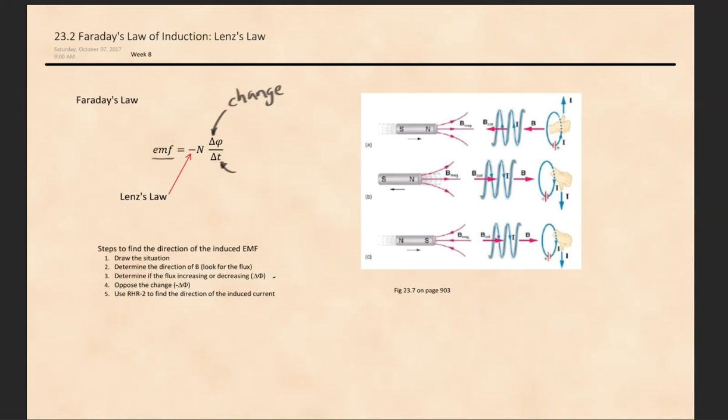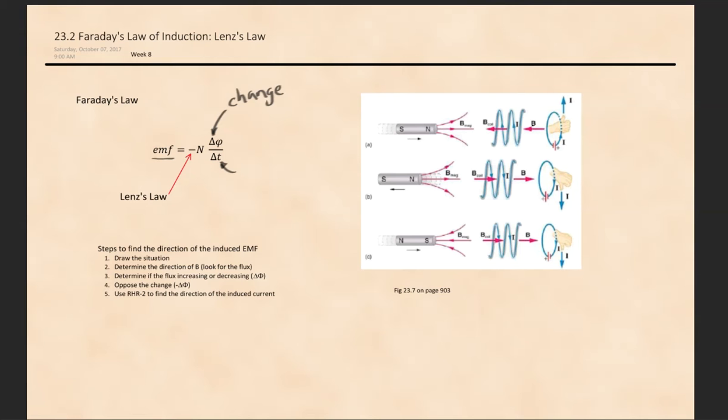Step 3 is determine if the flux is increasing or decreasing. First of all, the B field is pointing to the right. Because the bar magnet is moving closer, I'm putting more magnetic field lines inside the loop, and so the flux is increasing. So the B field is pointing to the right, and the flux is increasing. Lenz's law is you oppose that change. So step number 4 is you flip the direction.